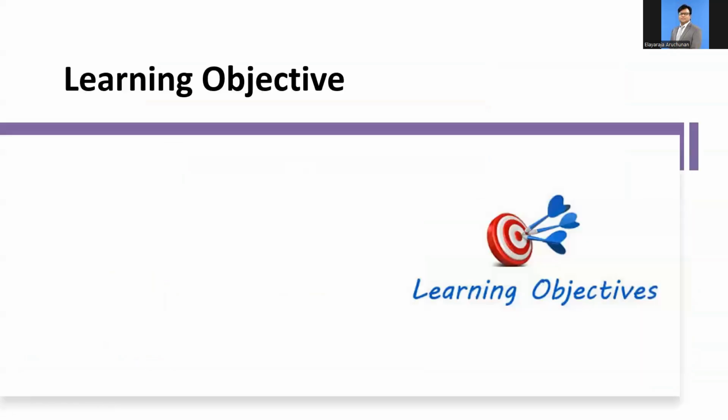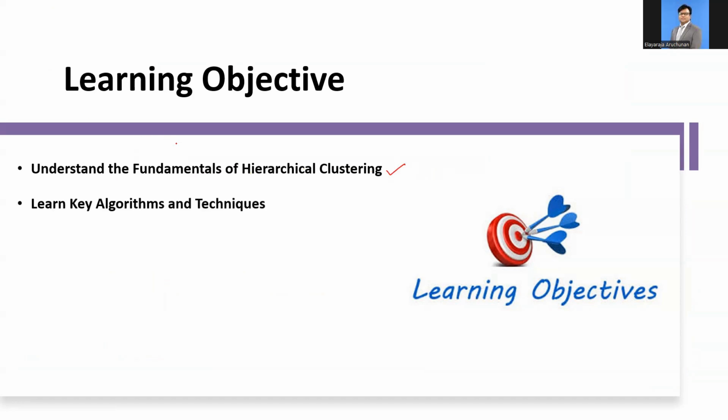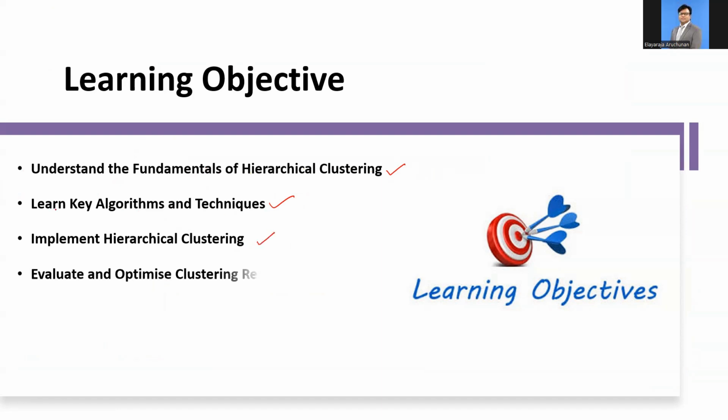The learning objectives in this topic: first, we're going to understand the fundamentals of hierarchical clustering techniques or algorithms. Then we will discuss the key algorithms and techniques, and how we can carry them out. Next, we're going to see how we adopt or implement hierarchical clustering on a data set.